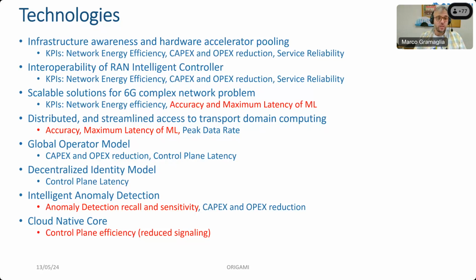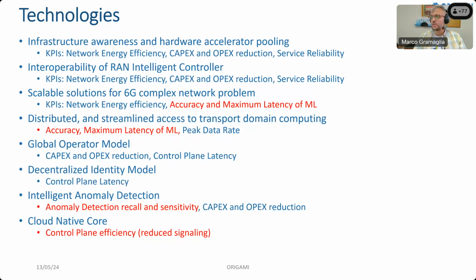Another barrier we identified is the interoperability of RAN intelligent controllers. Different architectural frameworks may have different ideas on these elements. Also here, through our solution, which you can read in more detail in the project deliverable, we are targeting KPIs related to network energy efficiency, CAPEX and OPEX reduction, and service reliability as well.